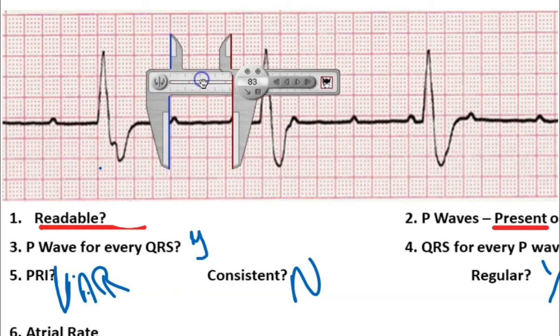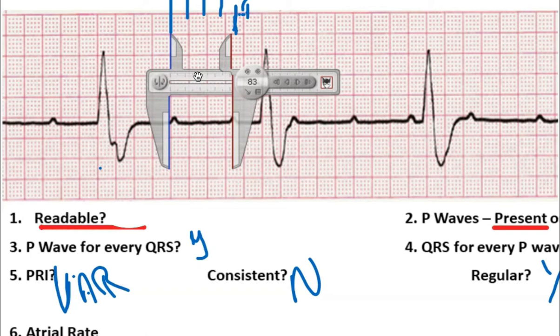So in this case, here is where that one QRS complex is, and here is where the other QRS complex is going to be. So this is representing 300, this is 150, 100, here is 75. So I know that this is probably somewhere around 80.